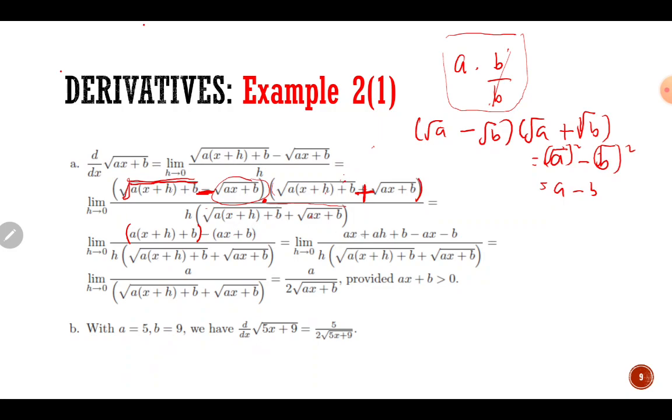So, you have AX plus H plus B minus AX. And then minus darab dengan tambah B jadi minus B. So, in this case, you may cancel B with this B, and minus AX with this minus AX. Nampak? And then AH and H here, you may cancel H dengan H.